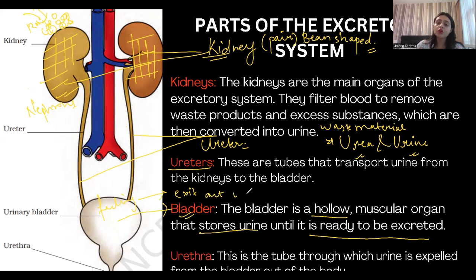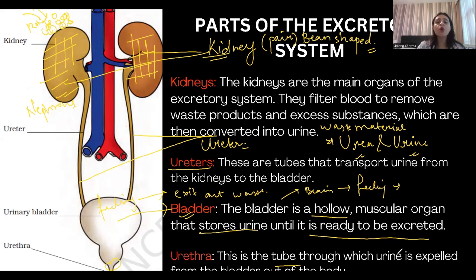When the bladder is completely filled with waste material, it gives a message to the brain that it is time to exit out. That feeling comes from this bladder. And then comes the urethra. It is a small tube-like opening from where all the urea and urine get out of our body.